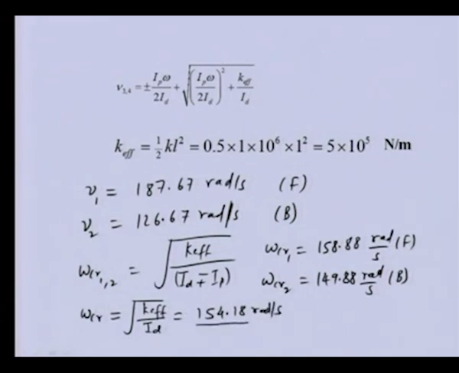We expect this to be in between the forward whirl and backward whirl, because as we have seen in the previous case, when we varied the frequency with the spin speed, at zero speed, when there is no gyroscopic couple, there was a single value. As we increase the speed, we get two values. Similarly, we can get another two values for other speeds. If we join them, we will get the whirl frequency variation for forward and backward whirl with respect to spin speed.